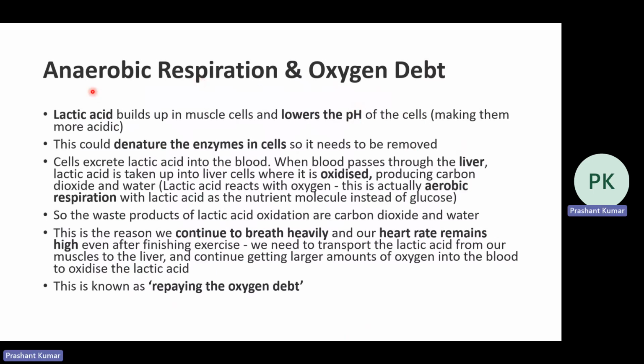Now let's talk about anaerobic respiration and the oxygen debt. Lactic acid builds up in muscle cells and lowers the pH of the cells. Lactic acid, as the term says, is an acid and will decrease the pH of the cell. Or if lactic acid is released into the blood, blood pH will also go down. First of all, this lactic acid is produced in the cell, so we'll talk in terms of changing the pH in the cell.